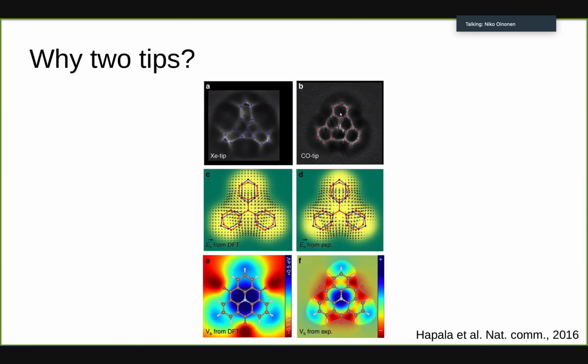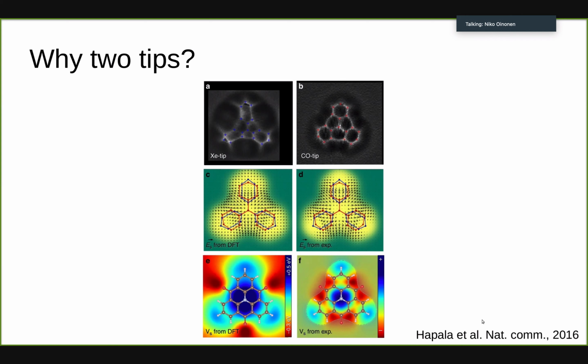And why do we use two tips in this case? It turns out if you put a different functionalization of the tip, then you actually get a very different image of the same sample. This paper in particular noted that a major part of the contribution of why these images are so different is the electronic charge associated with the different functionalizations of the tip.